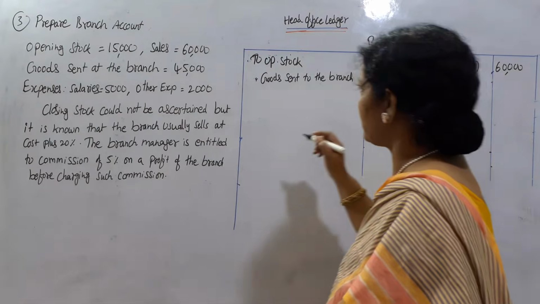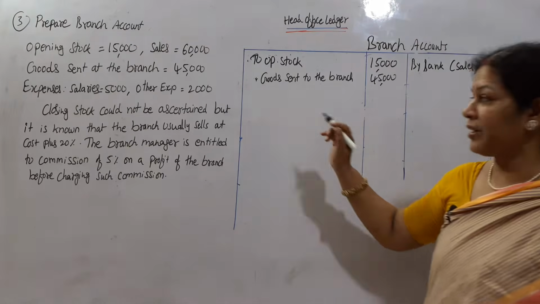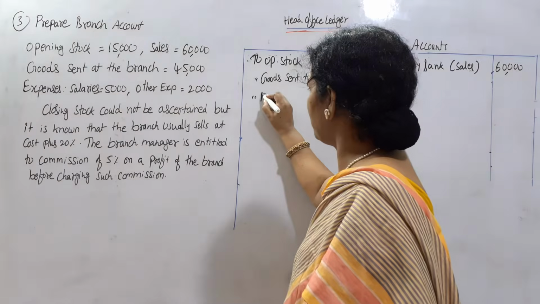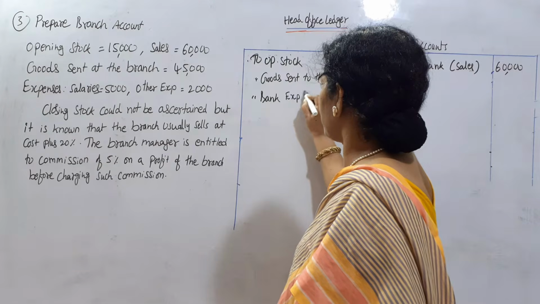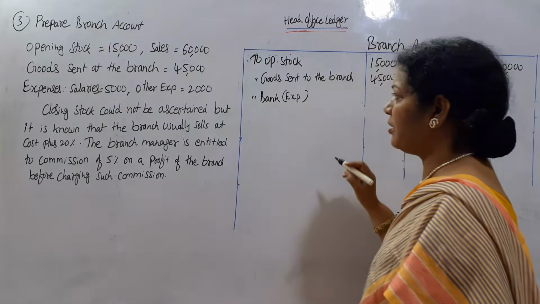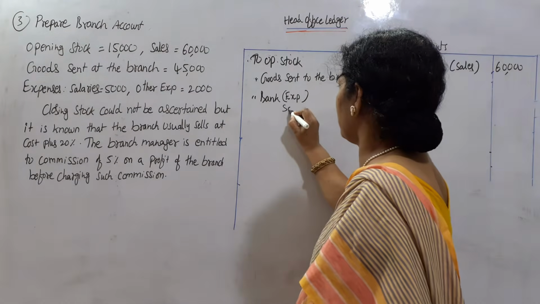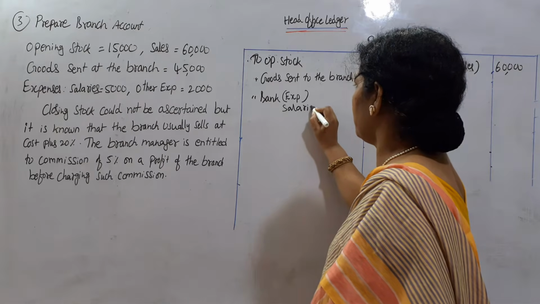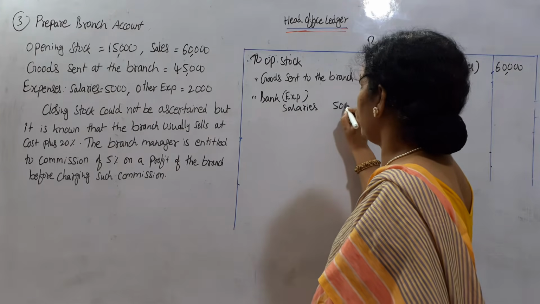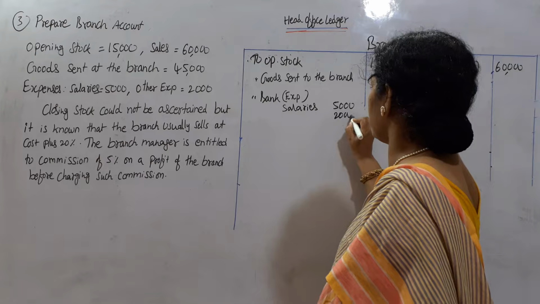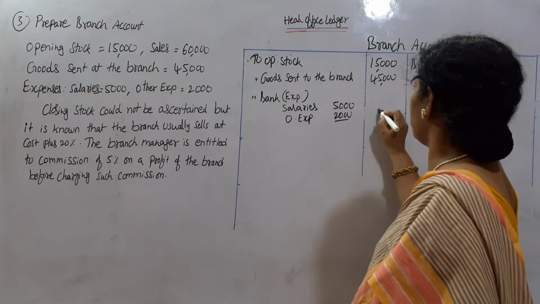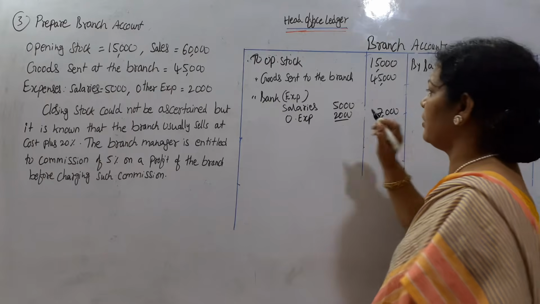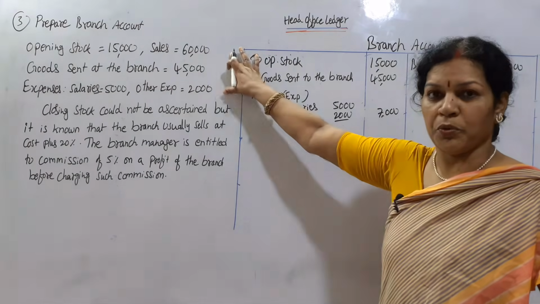And expenses, to bank. What are the expenses? Salaries and other expenses. Salaries are 5,000, other expenses 2,000. Together it is 7,000. Everything is posted up to here.